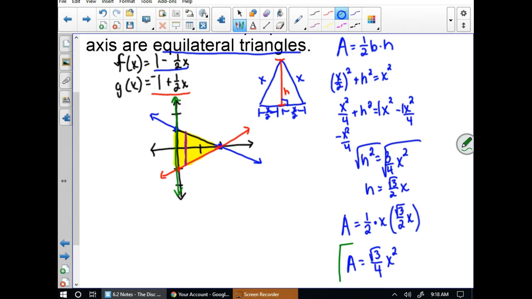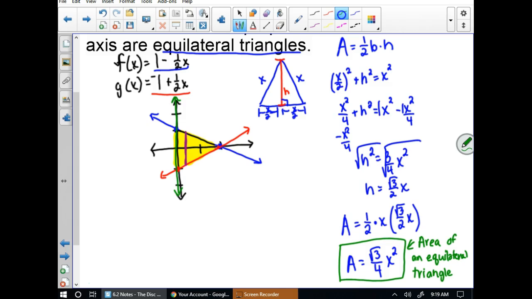So this is your area of an equilateral triangle. If you memorize it, every time you have an equilateral triangle, you can use that formula. But it's usually not one people have stored away in their memory, so it's good to know how to get it too. This is the area of an equilateral triangle. That's what we will be integrating.